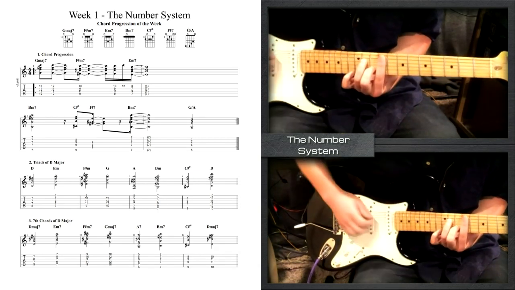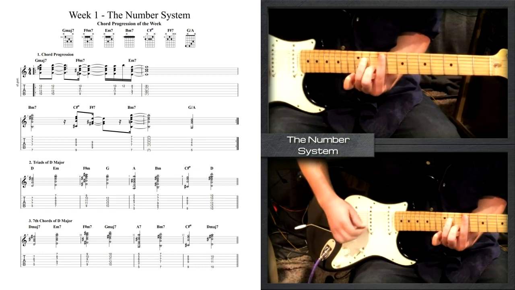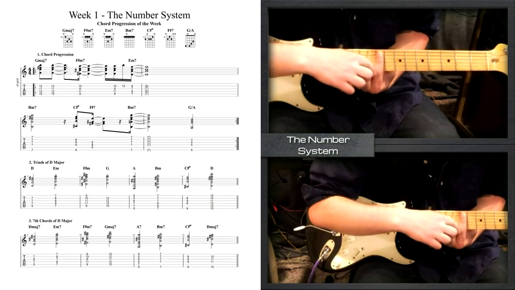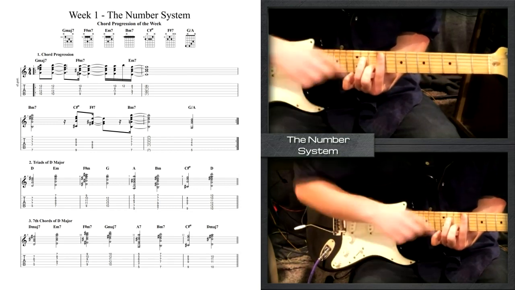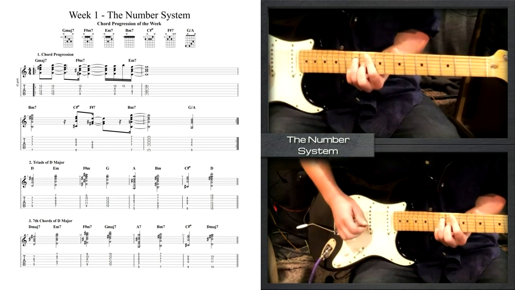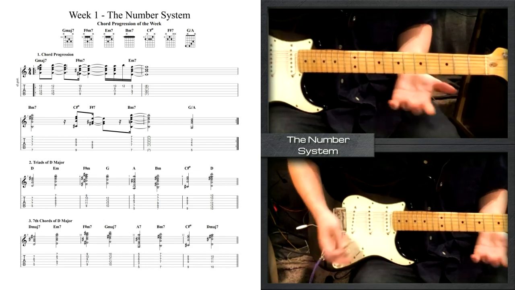And then my middle finger is going to be on the 10th fret of the B string. And on the high E string, you'll also hear that I still have the 9th fret ringing out. And like I said, you can put that in if you want. Sometimes I was playing it, sometimes I wasn't.